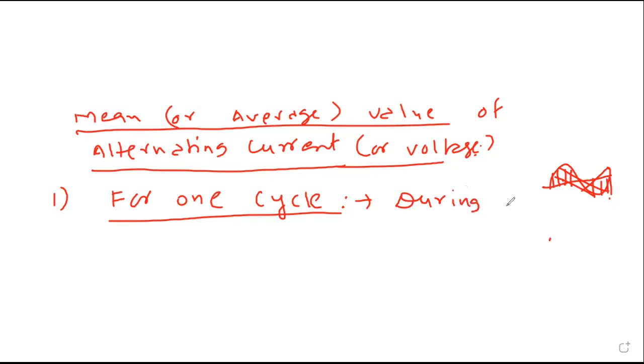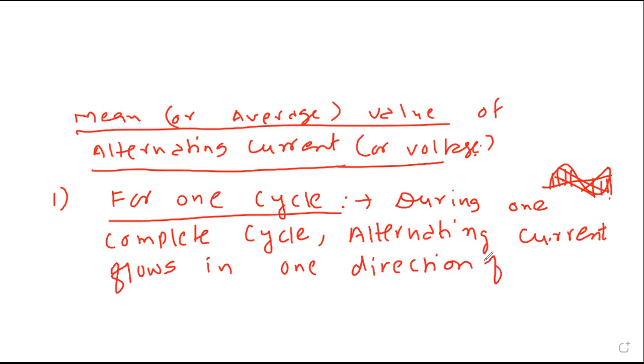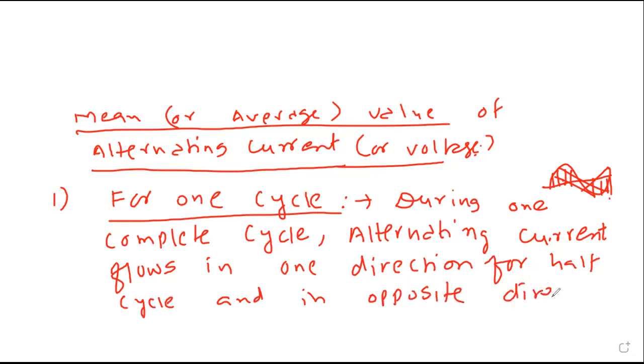So during one complete cycle, alternating current flows in one direction for half cycle and in opposite direction during the remaining half cycle.